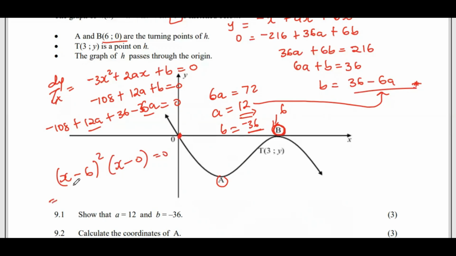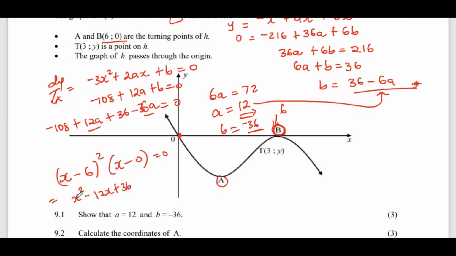If I try to open this, I'll have x squared minus 12x plus 36. And then I'm multiplying by x, which is x cubed. Something's off here.